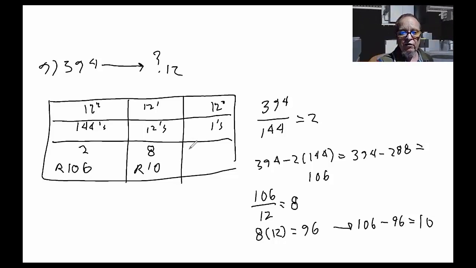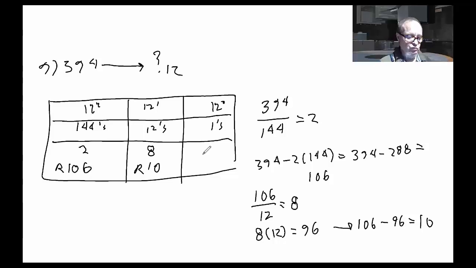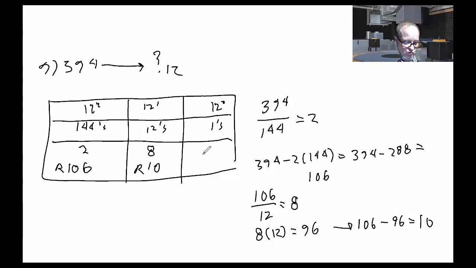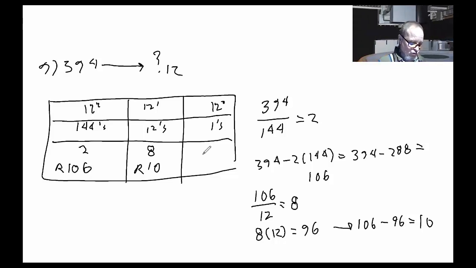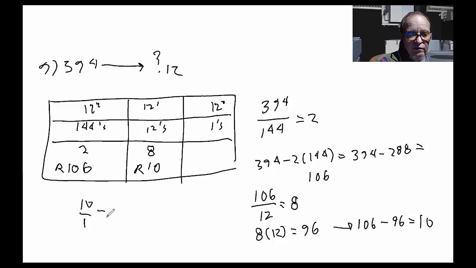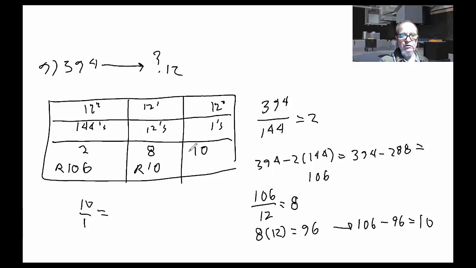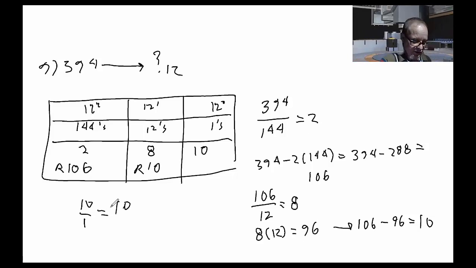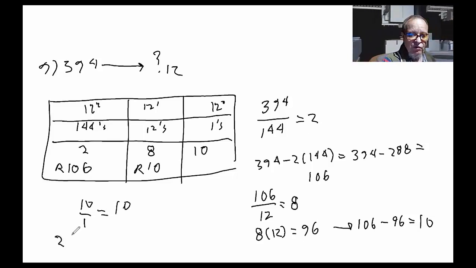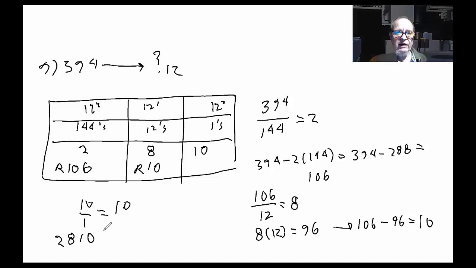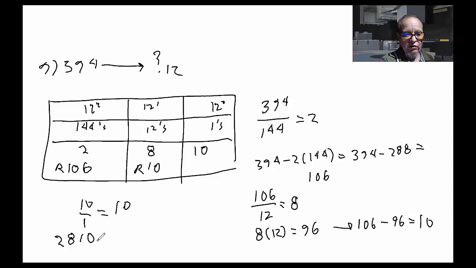Now we go over here and we have 10 over 1. So we'll write that in there. But there becomes an issue because we can't write 2, 8, 10. This will not make any sense in base 12.